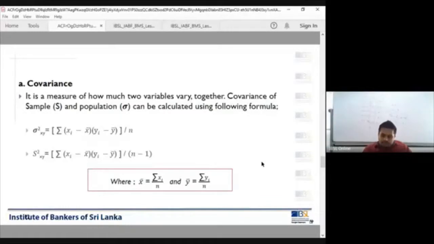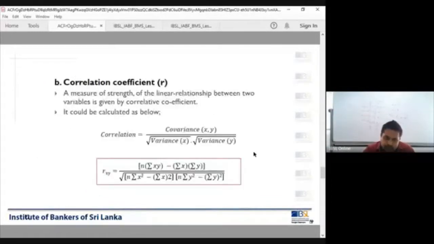The second indicator that we are going to learn here is denoted as the correlation coefficient. If you recall, in our scatter graph we discussed that you may see strong positive, moderate and weak relationships, the strength of the relationship, in a visual manner.